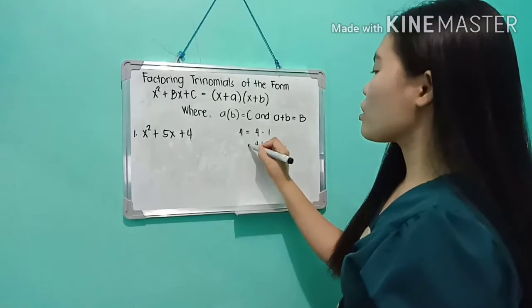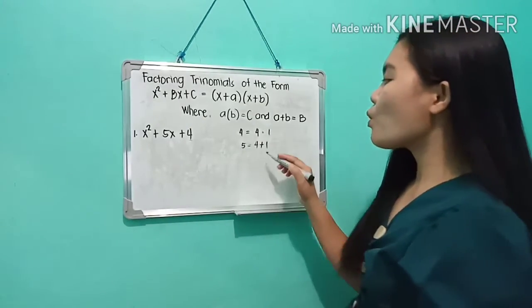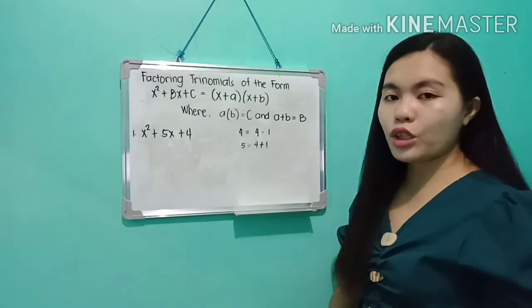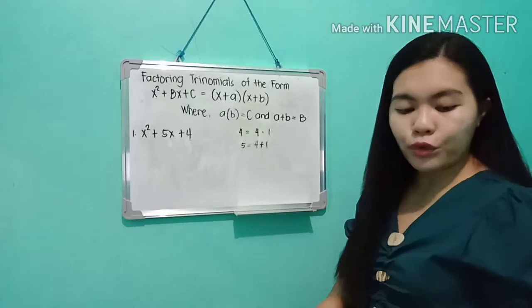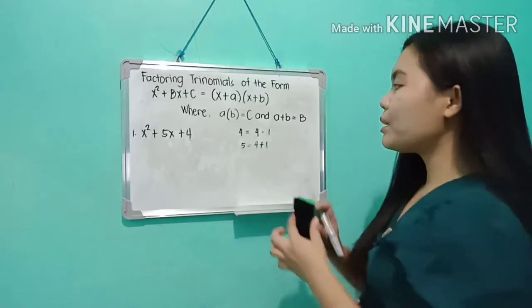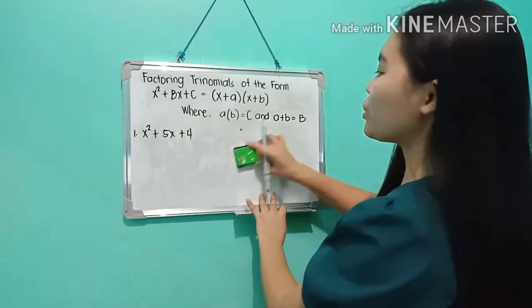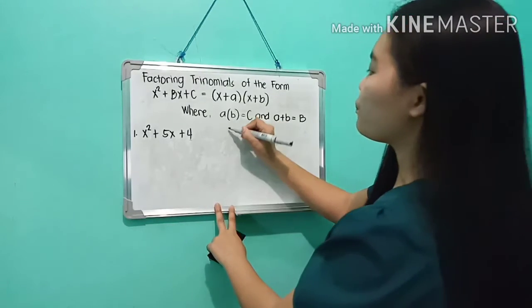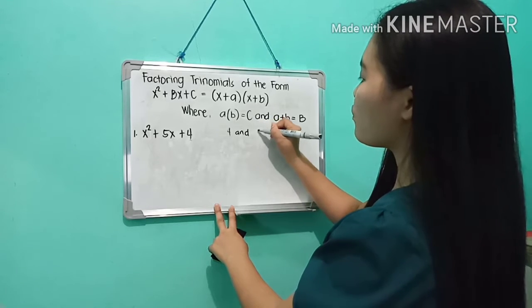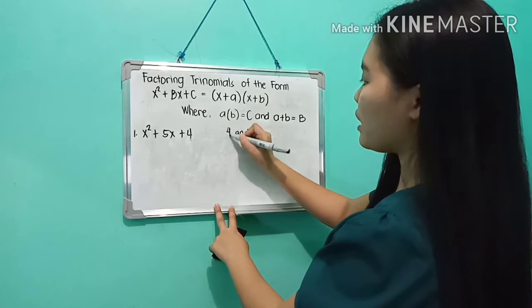It is equals to 5. So, nasatisfy natin yung second term natin, or yung coefficient ng second term, which is the 5. So, ang gagamitin natin is the factors that is 4 and 1. So, ito yung gagamitin natin.